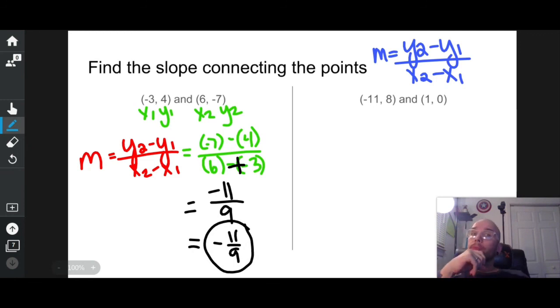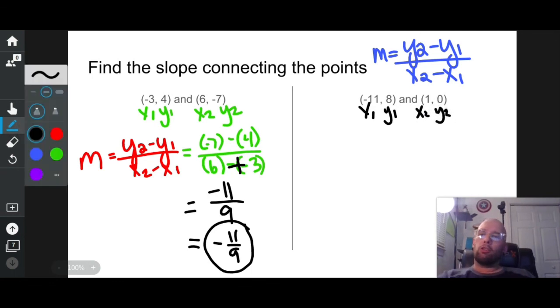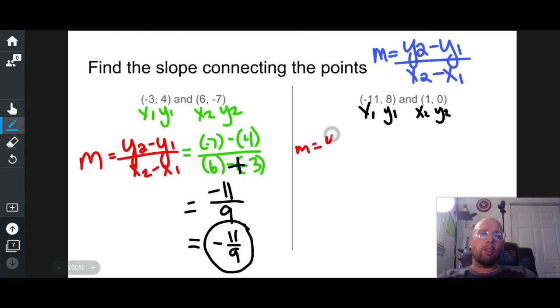One more. I'm so much fun. I wish there was more to do. Let's call you x sub 1, y sub 1. And let's call you x sub 2, y sub 2. My slope formula is m equals y sub 2 minus y sub 1 over x sub 2 minus x sub 1.